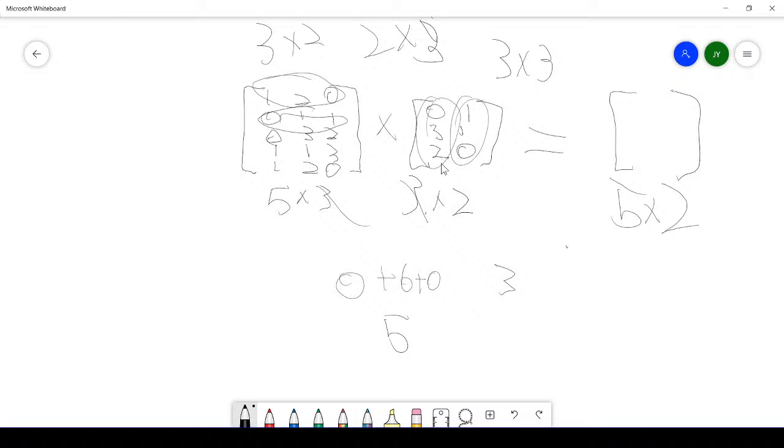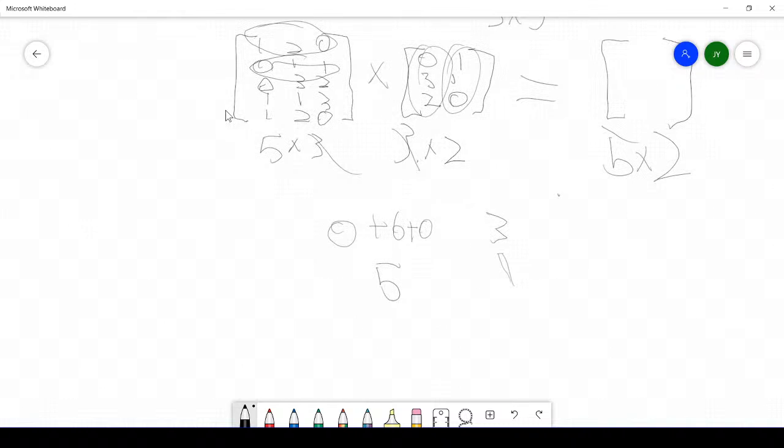Next row. 0, 1. Here. 0, 9, 13. That's probably the biggest we're going to get. And 5 down to here. 1, 1, 0, so 0, 3.